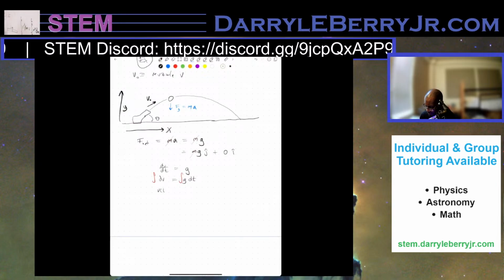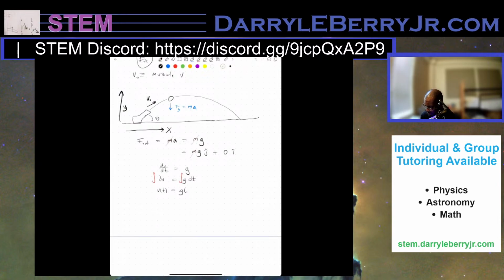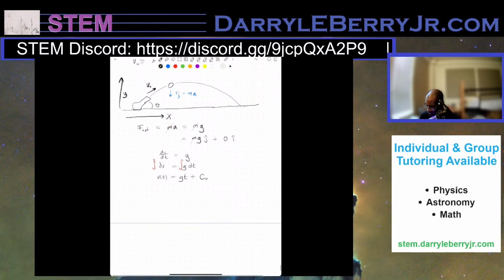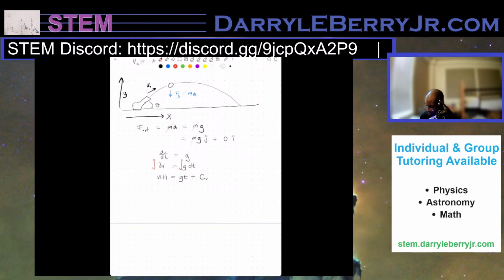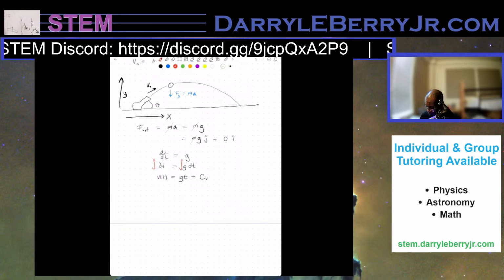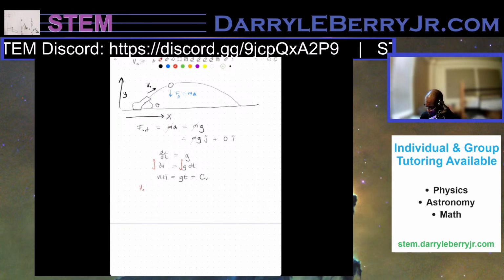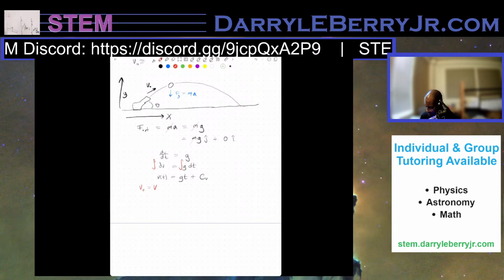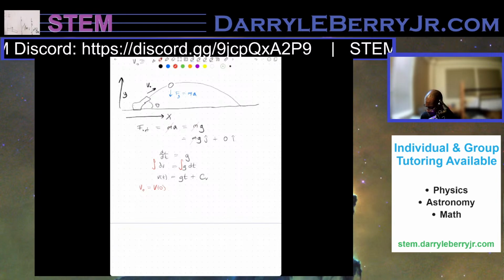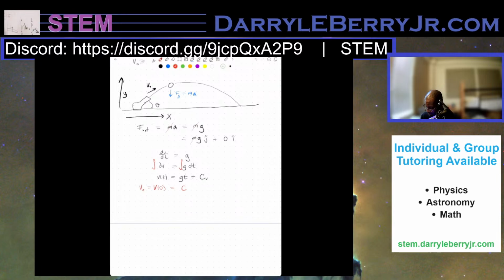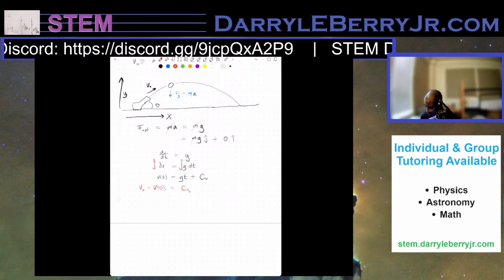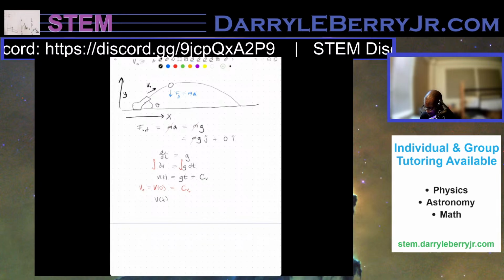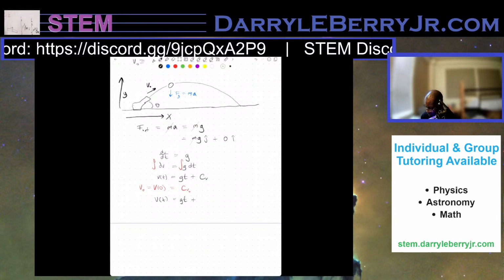So v(t) equals gt plus cv, and v naught equals v at 0, which equals cv, since t is 0. That's going to be v(t) equals gt plus v naught.